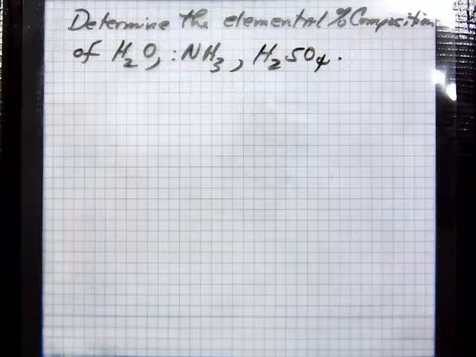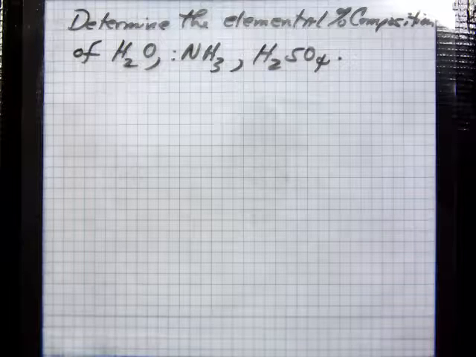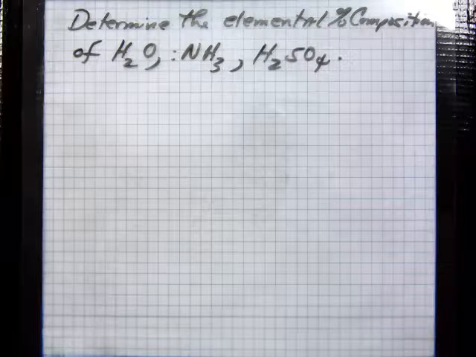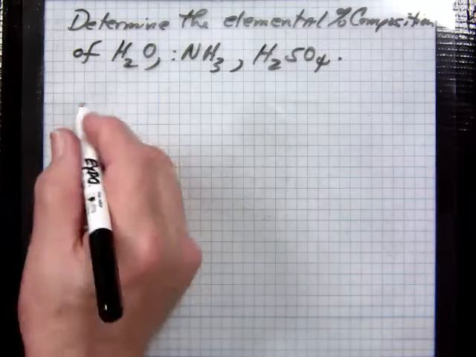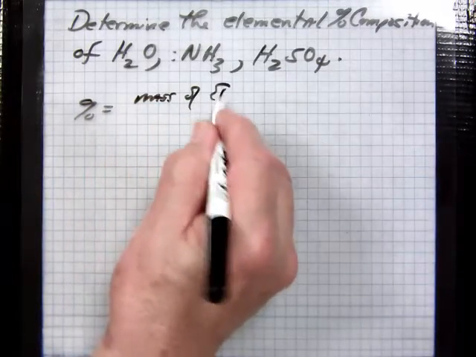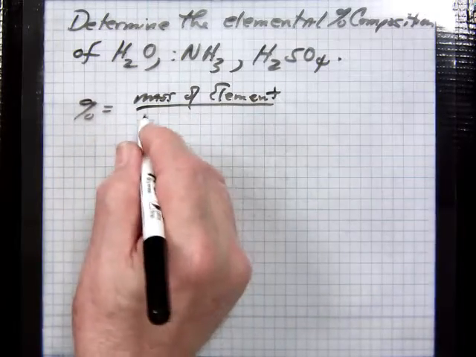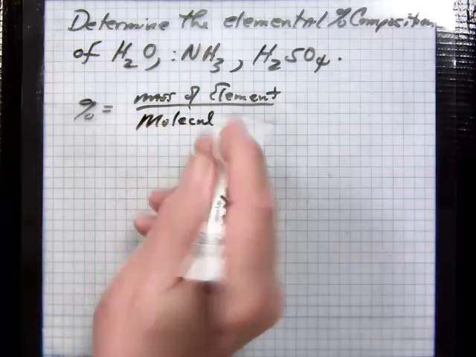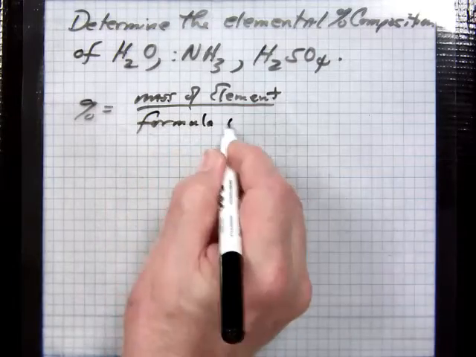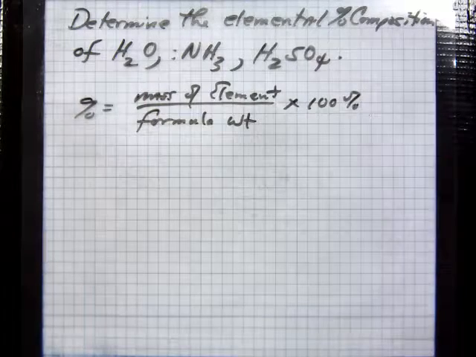What is the percent of each element in those substances? To do this, and many of you already know, you need to know how to calculate the formula weight. So the percentage is the mass of element divided by the molecular weight, or formula weight, let me put it that way before we go to molecular, times 100%. If you understand how to do formula weight, this is very easy.